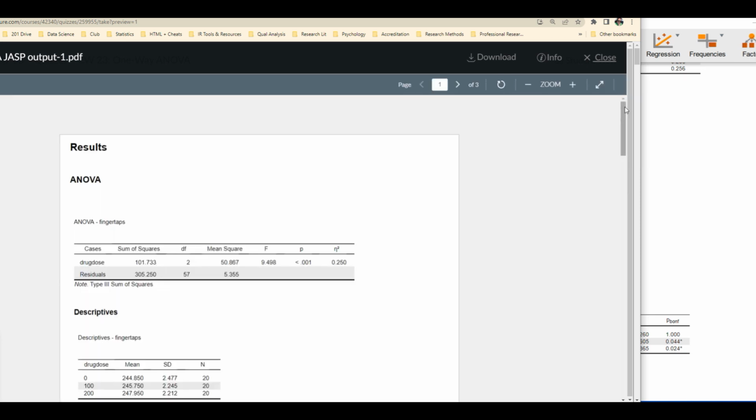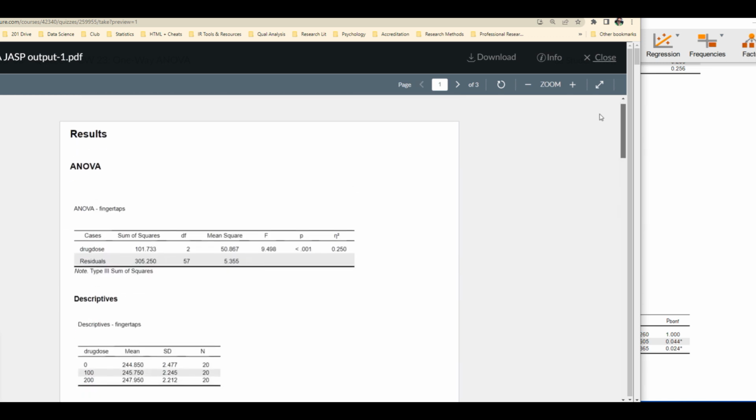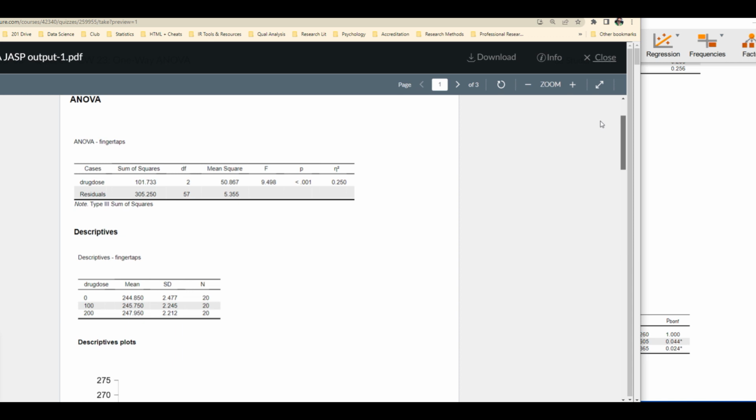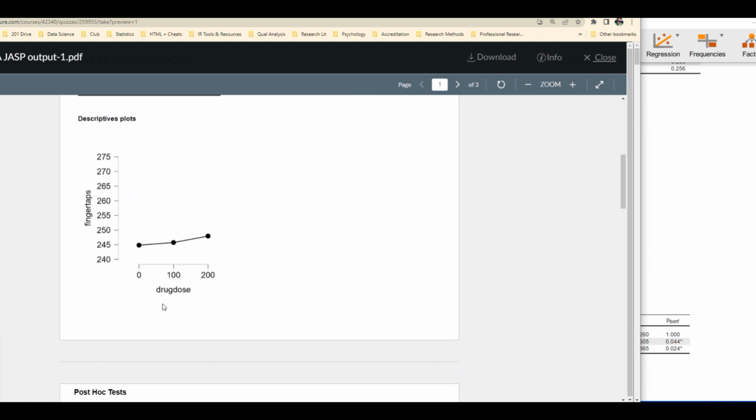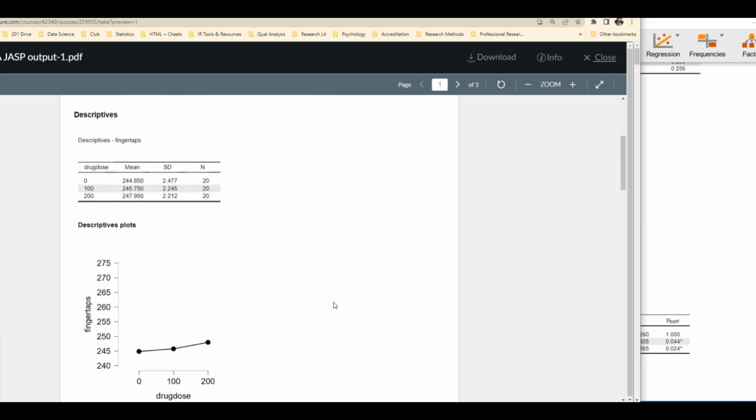There we go, so that you can easily see it and the pieces that you need. So for writing up your one-way result, you'll need your F, degrees of freedom, your p, and I recommend eta squared. Since this is significant, you're going to practice your post-hoc write-up.